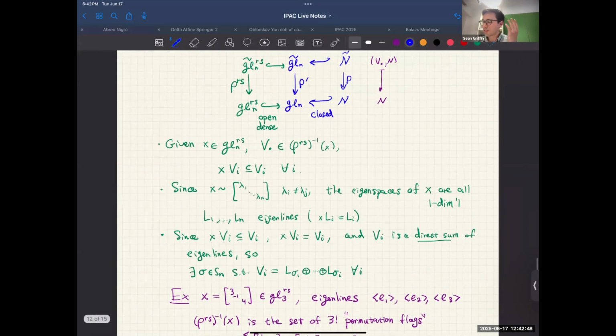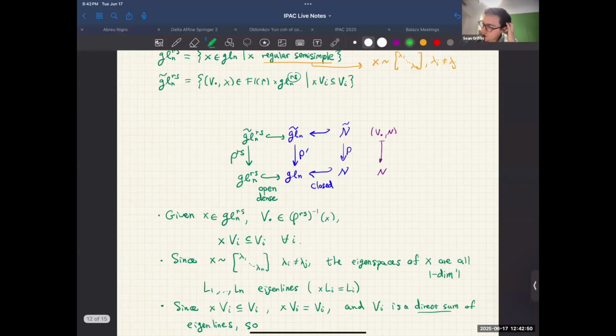Or in other words, another way of saying this is that this space is a covering space of the regular semi-simple matrices with deck transformations isomorphic to Sn. So it really is a geometric action on, at least on the regular semi-simple part.